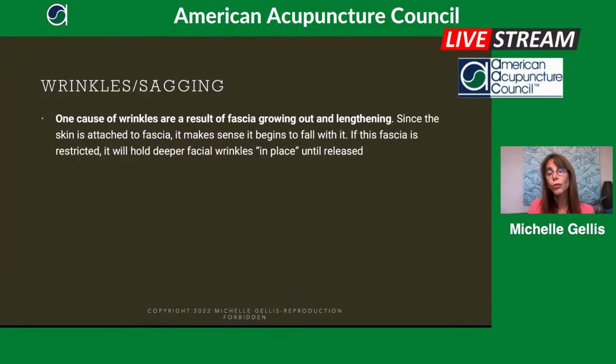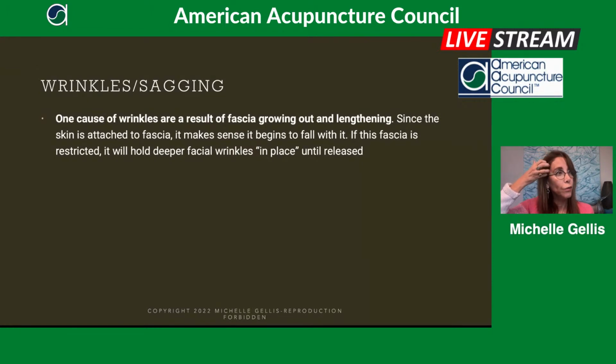And wrinkles, when we think of wrinkles, we think of something that happens as we age. And in many cases, it can be from sun damage, it can be from just the skin getting older, but also if you habitually make an expression and the skin is attached to the fascia, if that fascia is restricted at all, then you can end up with these deep wrinkles.